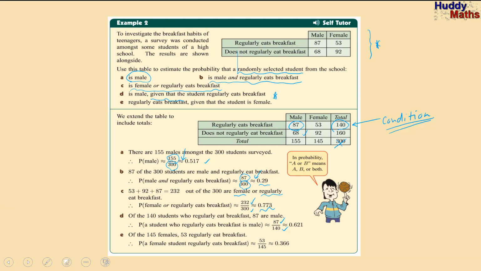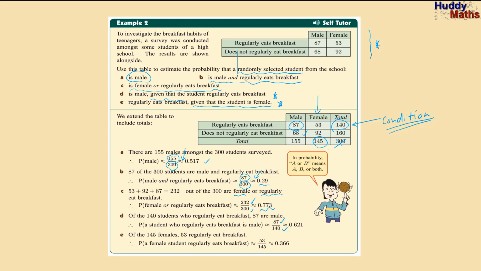Now, what's the probability of regularly eats breakfast given that the student is female? So this time, we're told the condition is it's one of those, that group in there. So there's 145 females. So given that the student is female, means it's out of 145.